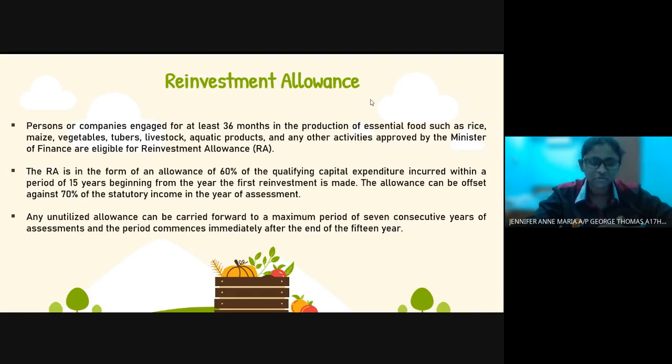They are eligible for reinvestment allowance. A Malaysian resident company incurring qualifying capital expenditure is given reinvestment allowance of 60%.